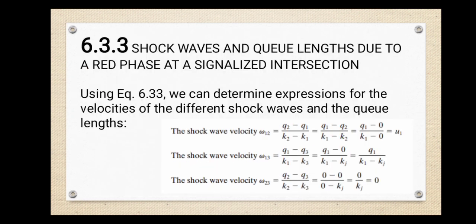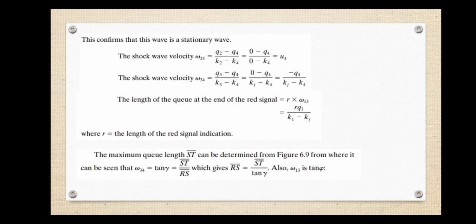So, shock waves and Q lengths due to a red phase at a signalized intersection. Using equation 6.33, we can determine expressions for the velocities of the different shock waves and the Q lengths. So this confirms that this wave is a stationary wave, where r is equal to the length of the red signal indication.